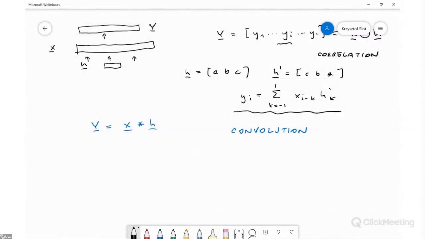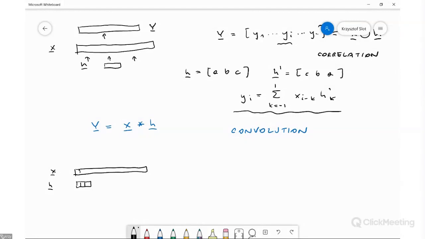Let's assume that we again have an input vector x, and a filter, let's assume a 3-element filter.